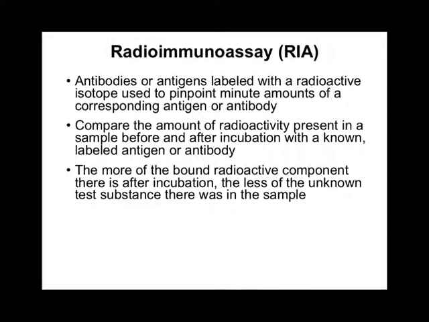And essentially, at the end of it all, the more of the bound radioactive component there is after the incubation, the less of the unknown test substance there was in the sample. Now, I know this is a tough one to understand, and I couldn't find a good animation to help you out. So don't worry too much about the details, except for this part about utilizing the radioactive isotope.